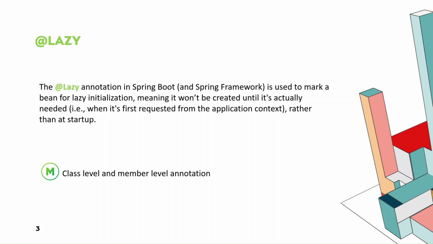The @Lazy annotation in Spring Boot is used to mark a bean for lazy initialization, which means whenever you put @Lazy on top of the component, you are telling the Spring Boot container not to create the object for this bean when Spring Boot starts. Just create the object for this class whenever I call for the bean.